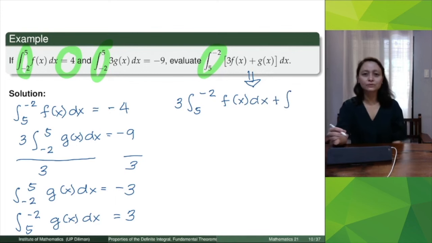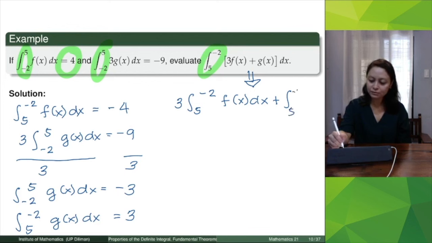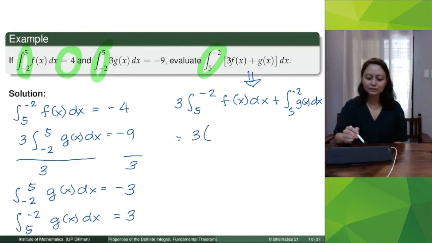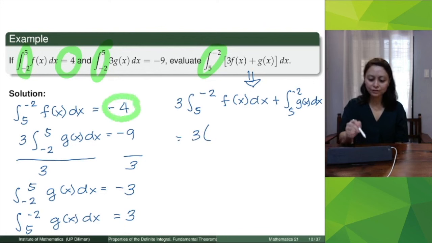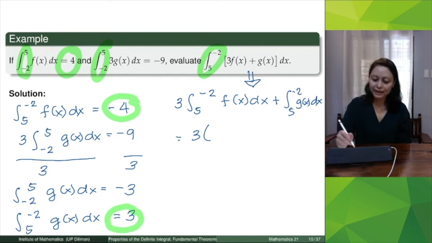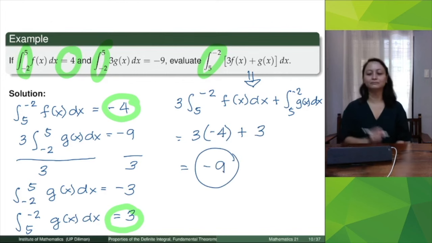So, this is equal to 3 times the integral from 5 to negative 2 of f of x dx plus the integral from 5 to negative 2 of g of x dx. Okay, then we just substitute the values that we obtained. The integral from 5 to negative 2 of f of x dx is negative 4. The integral from 5 to negative 2 of g of x dx is 3. Okay, so we have 3 times negative 4 plus 3. This is equal to negative 9.